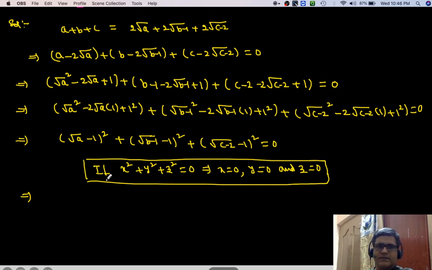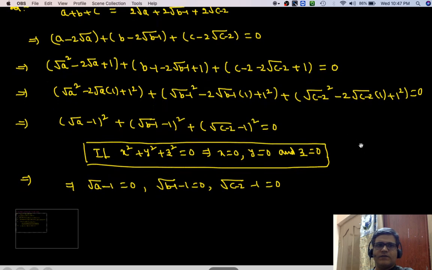Therefore this implies √a − 1 is equal to 0, √(b−1) − 1 is equal to 0, √(c−2) − 1 equal to 0 simultaneously. Then only this is possible.